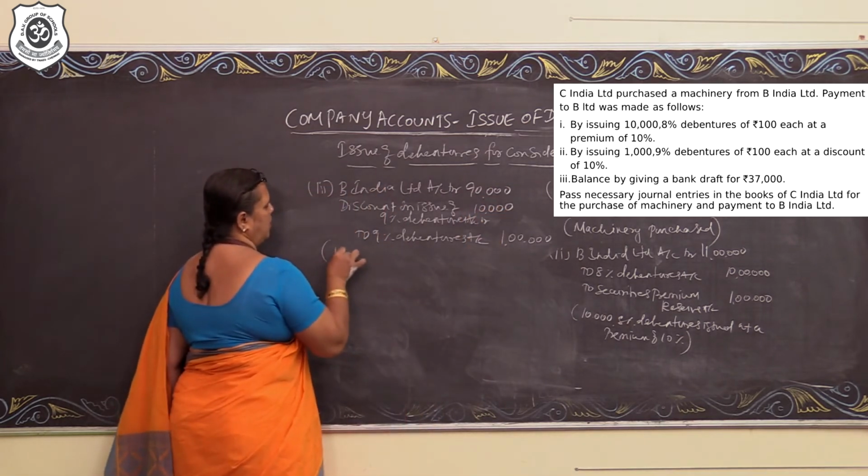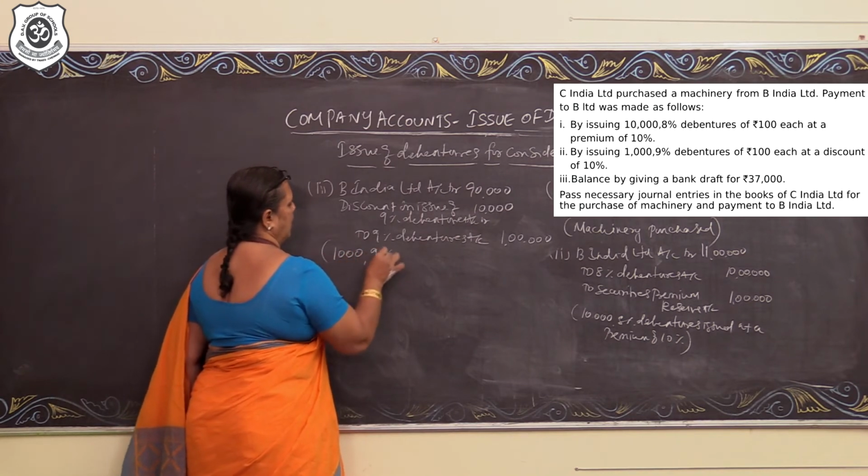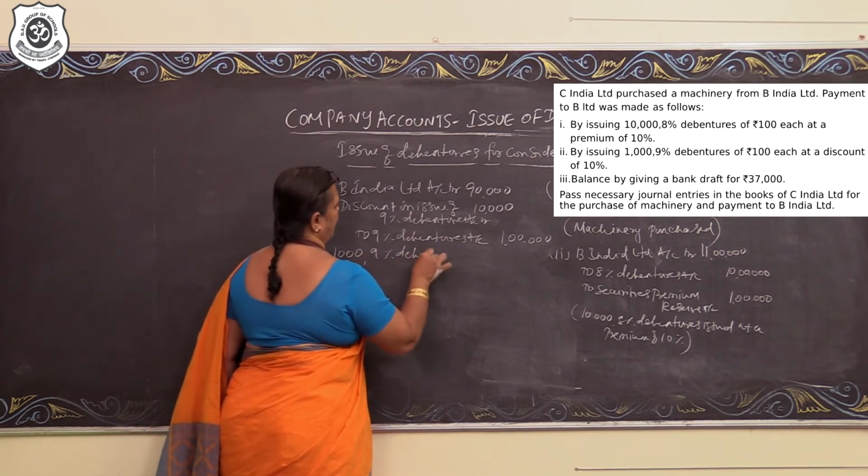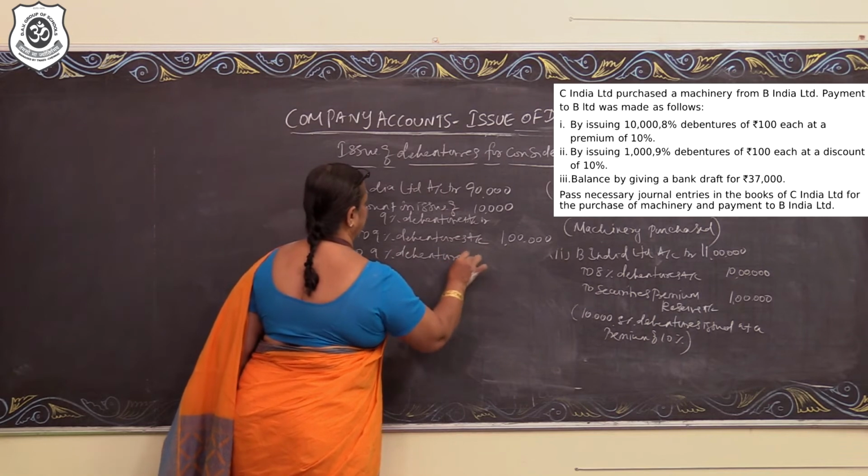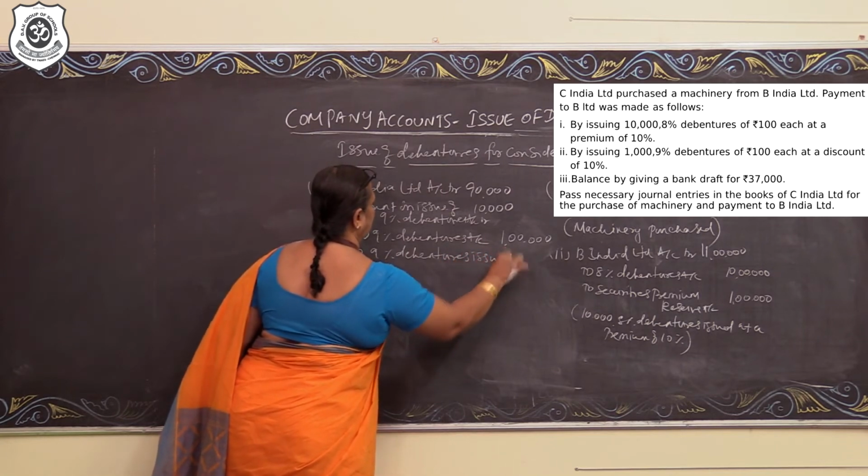So, this is going to be 1,000, 9% debentures issued at a discount of 10%.